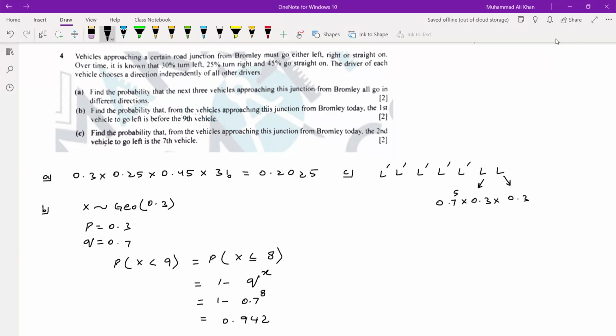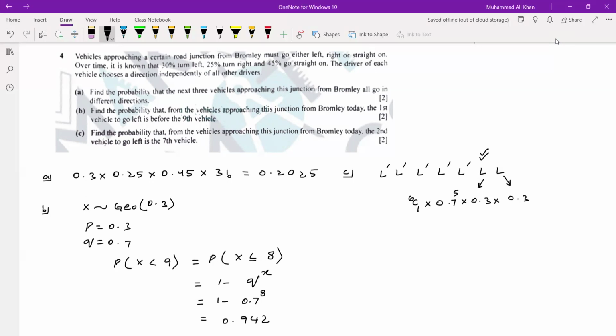And now this second last left may be the third last, the fourth last, the fifth last, the sixth last, or the seventh last. So for the placement of this second last L, out of 6 places, we have to write it like 6C1.